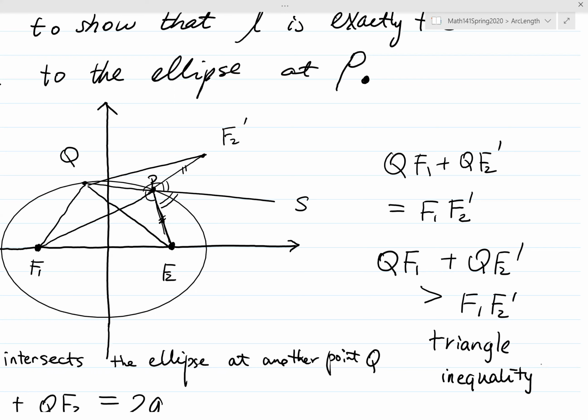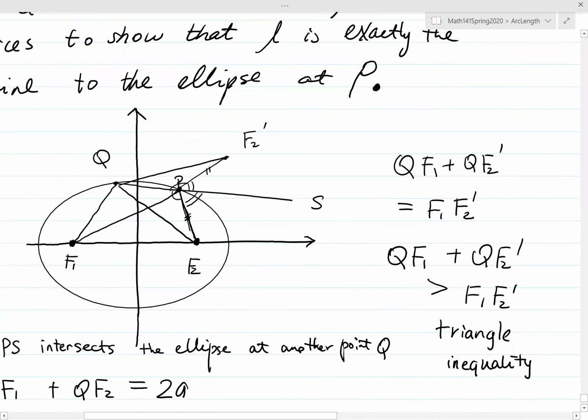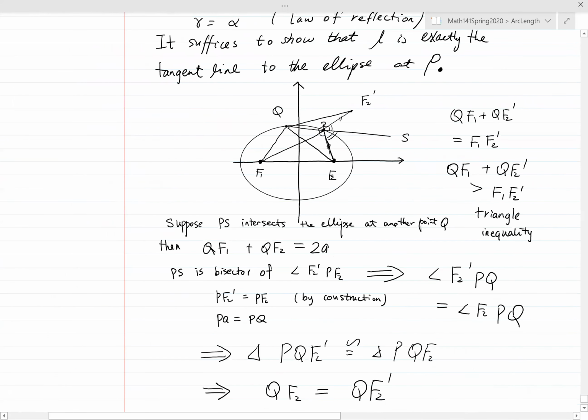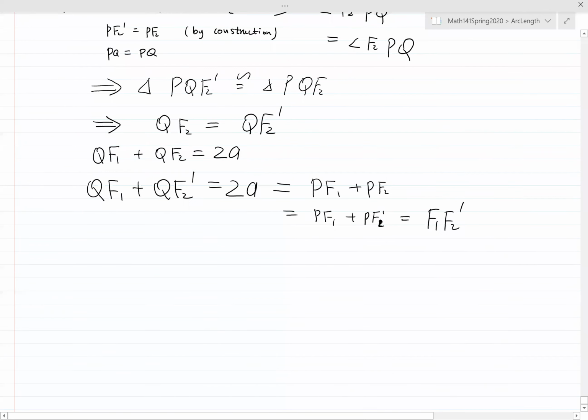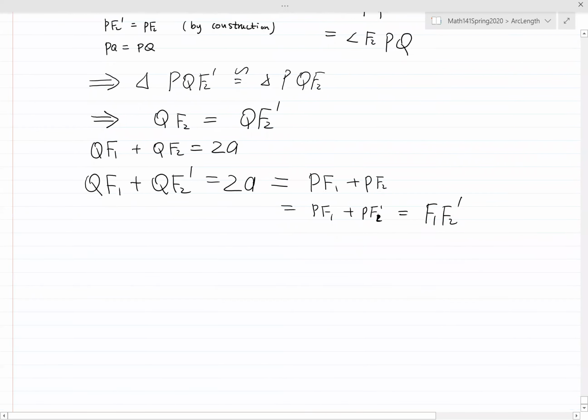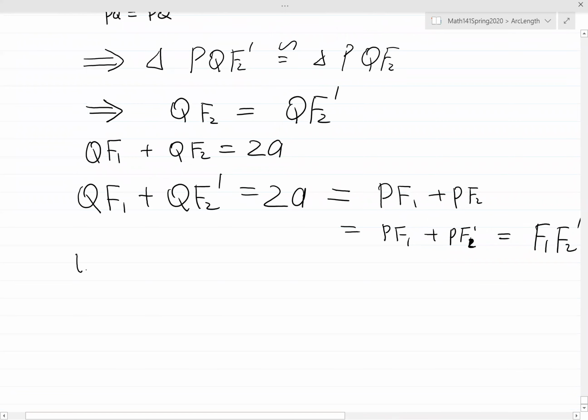So here we get a contradiction. On one side we get this thing equal, on the other hand we get this thing is bigger. So we get a contradiction, which contradicts the triangle inequality.